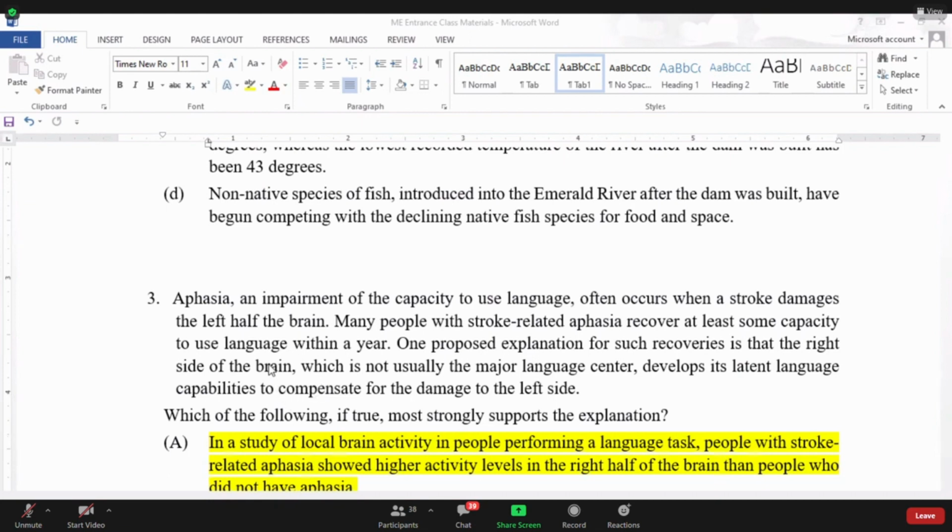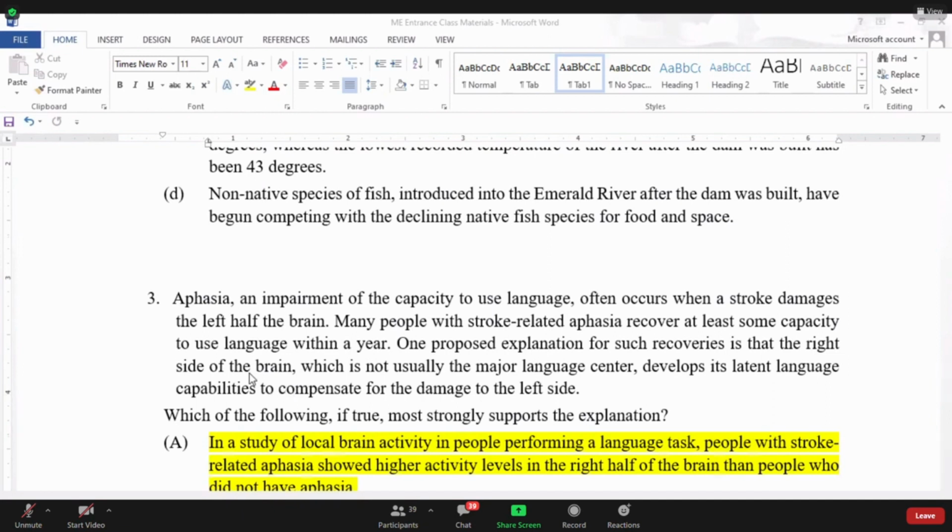So for one proposed explanation for such recovery, the explanation is that the right side of the brain, which is not usually the major language center, plays a role. What is the major language center? The left side of the brain. The right side is not the major language center.